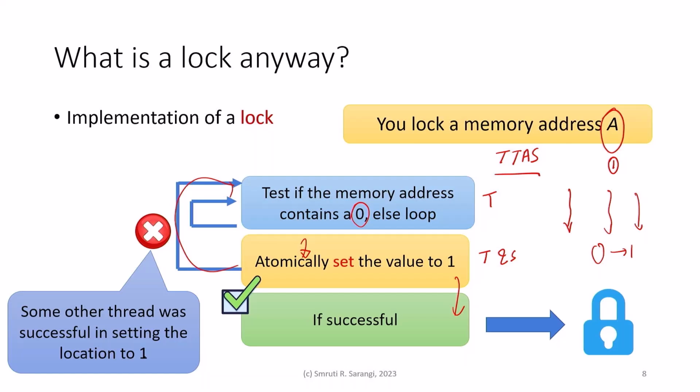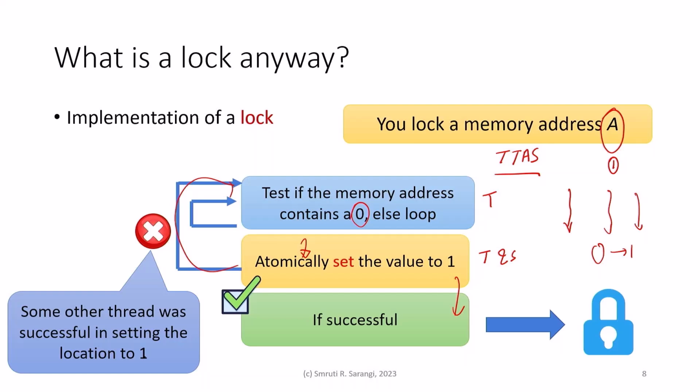You will not even attempt to change its value if you think there is no point. The moment you see a 0, it makes sense to try to change. Trying to change means test and set, which means test that it is 0 and convert 0 to 1. If you are successful, you are notified, or you are notified otherwise. So the test and set lock is the most basic kind of lock.